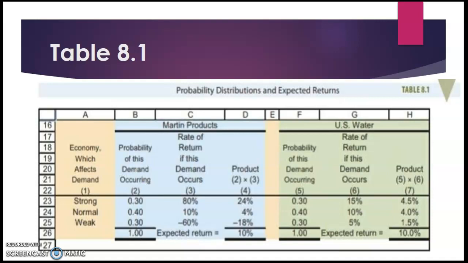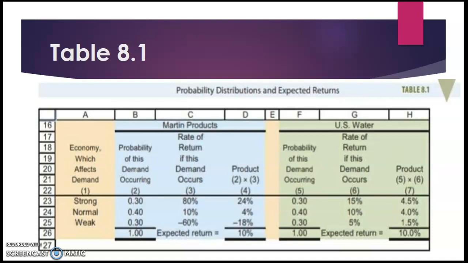Here three possible states of the economy are shown in column 1, and the probabilities of these outcomes, expressed as decimals rather than percentages, are given in column 2 and repeated in column 5. There is a 30% chance of a strong economy and thus strong demand, a 40% probability of normal demand, and a 30% probability of weak demand.